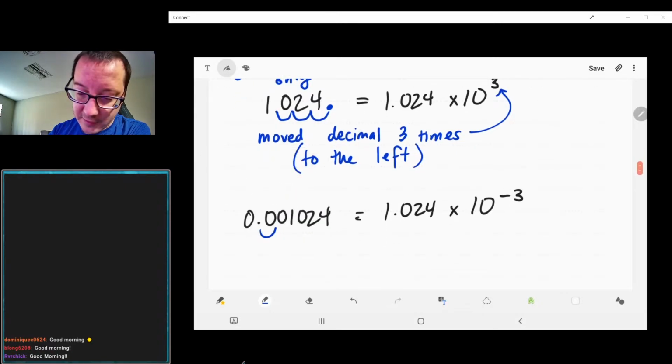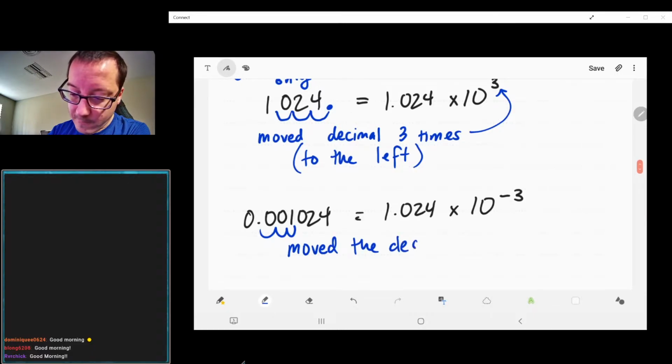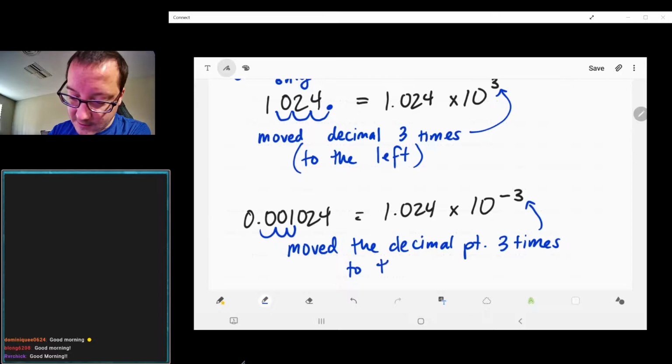So if you see here, we're going to move it again 3 times so that it ends up where we have one number on the left of the decimal point. So you see we move the decimal point 3 times. In this case, it was to the right.